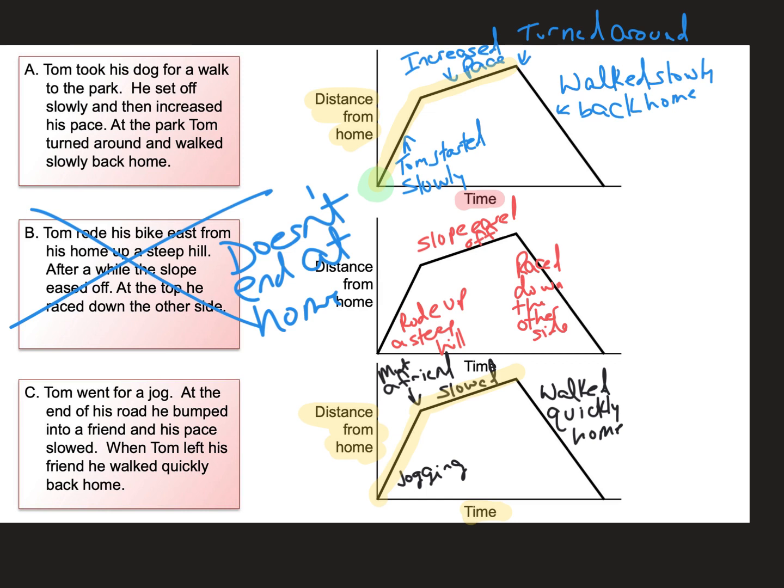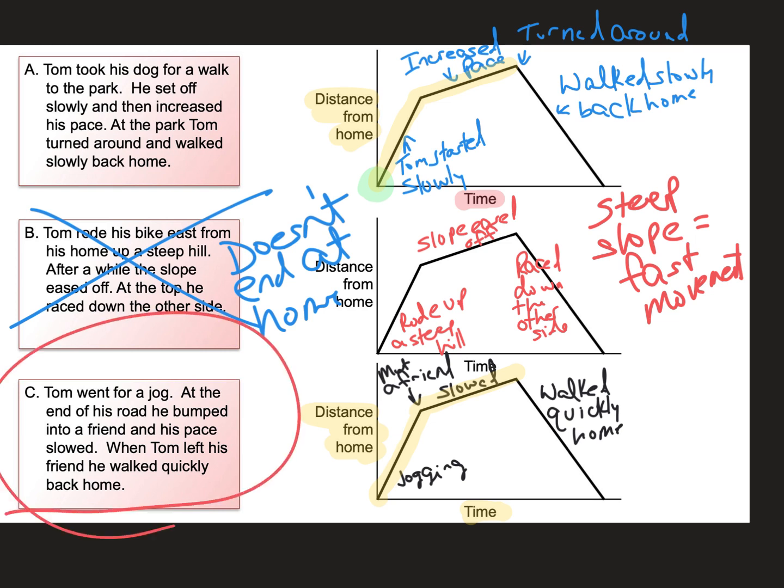Let's write that. Let's try writing it with a pen and not a highlighter. Steep slope equals fast movement. Okay, so that means that C is our answer, because he was jogging, so he's going fast. Then he slowed down when he met his friend. And then he walked quickly back home.